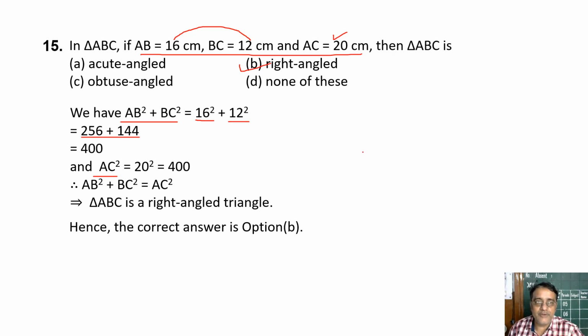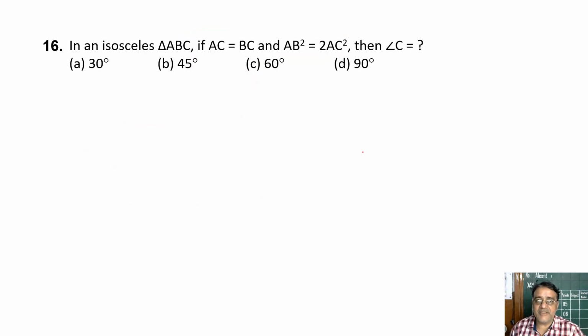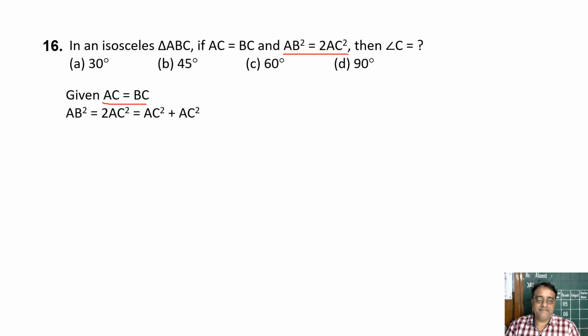So now let us move toward question number 16. In an isosceles triangle ABC, if AC is equal to BC and AB square is equal to 2 times AC square, then angle C is equal to dash. First of all, it is given AC is equal to BC and AB square is equal to 2 times AC square. 2 times AC square means we can write AC square plus AC square.